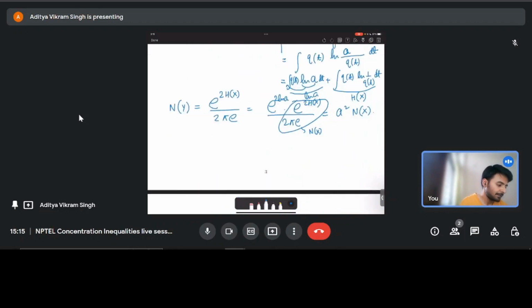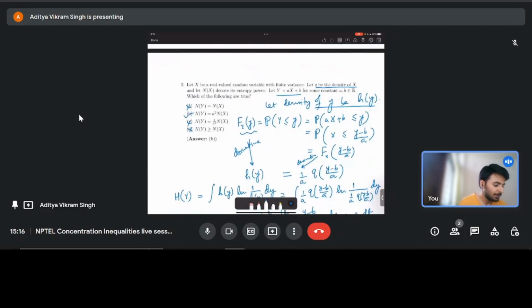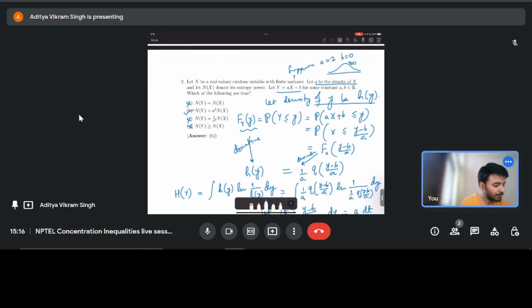Right, so let's see if it makes sense. Suppose a is 2 and b is 0. If the density of x looks like this, that is q(x), then y is 2x here.